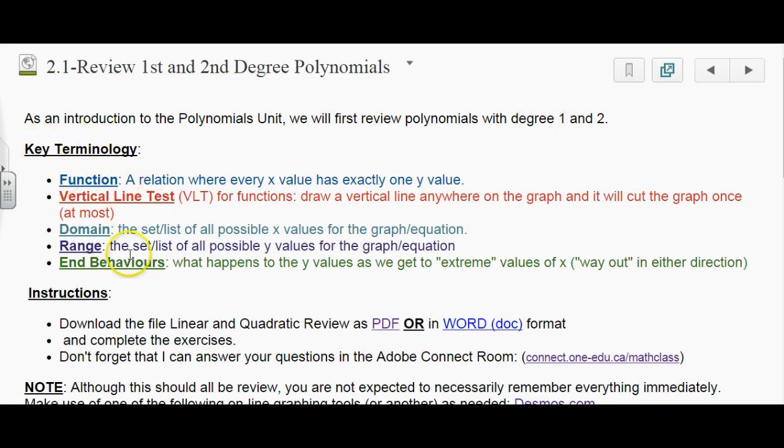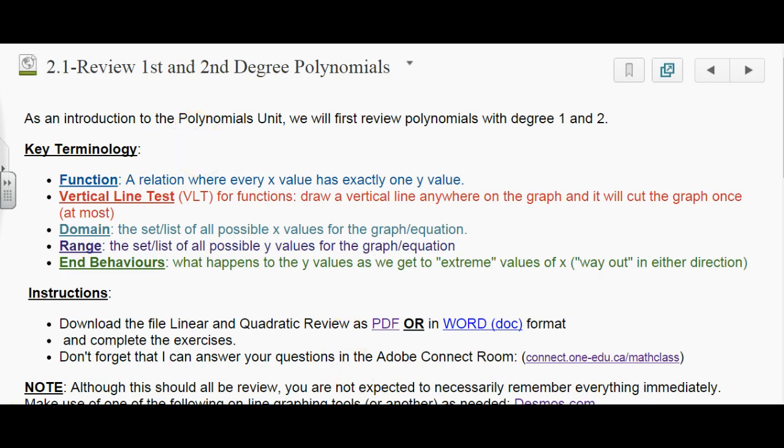Some key terminology, just things you're going to run into in this section, so you should have them ahead of time. A function is basically any relation, so any equation where every x value can only give you one y value.